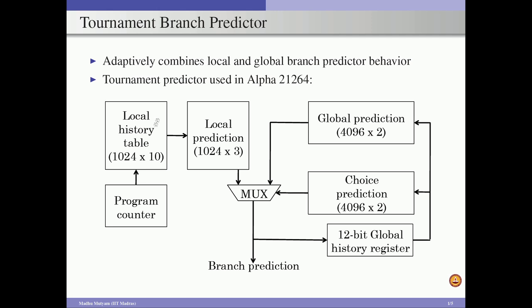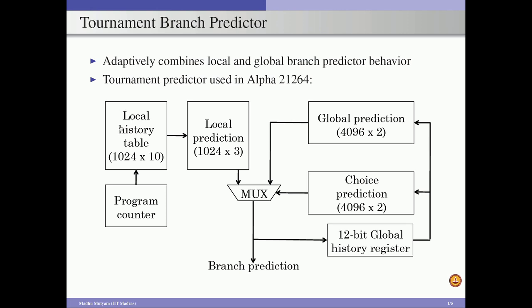In other words, this local history table is going to store the last 10 outcomes of the similar branches. When I say branches are similar, these branches have their LSB 10 bits the same. Once the LSB 10 bits of the branch address are the same, they are mapped to the same entry in the local history table.